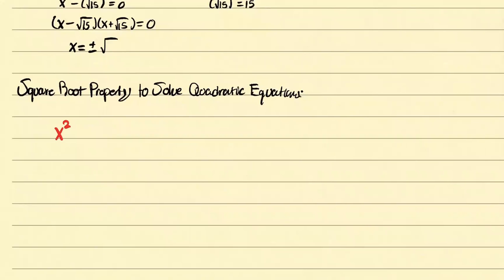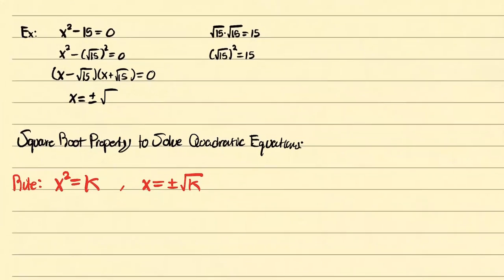If x squared is equal to k, so I'll put rule here, that means x is equal to plus or minus root k. And this is actually a slightly more straightforward way of solving perfect square equations.